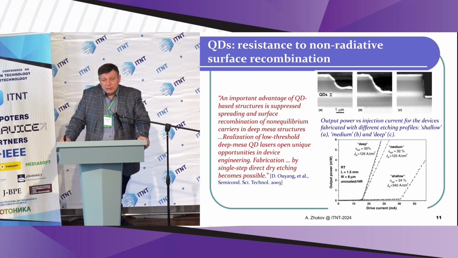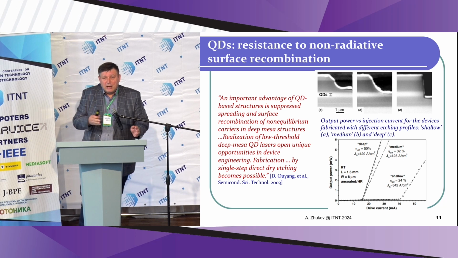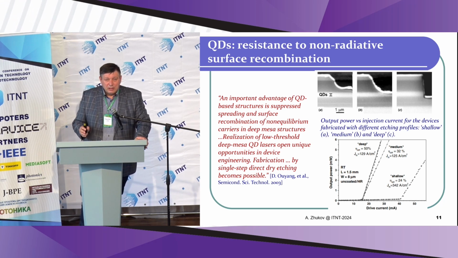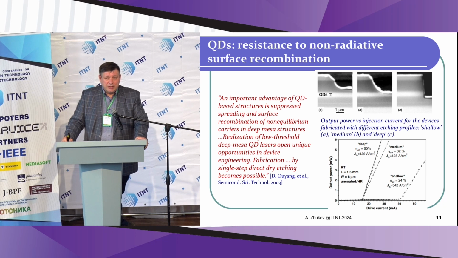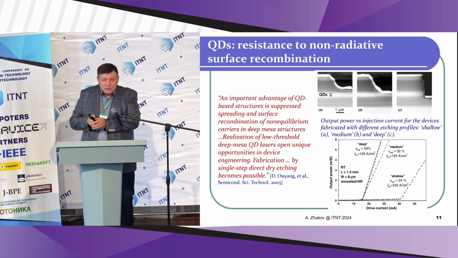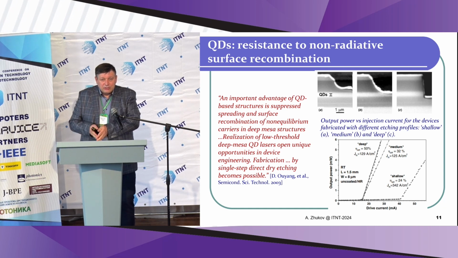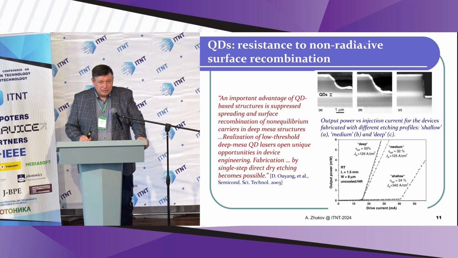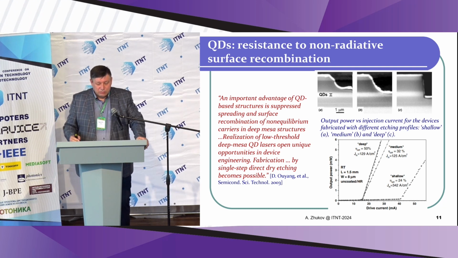But this is not the case for quantum dots. And the reason was found. It's very simple, because electrons and holes are spatially localized inside quantum dots. So they have very little probability to move to the surface and recombine there non-radiatively. Electrons and holes are located inside quantum dots in the body of the laser structure, but not at the surface.